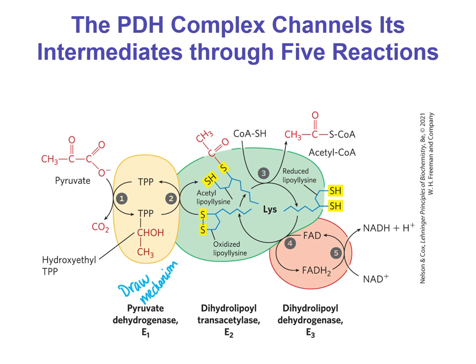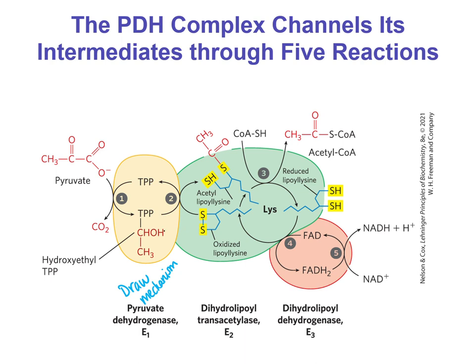After you do that, you now have hydroxyethyl TPP. And that interacts with that lipoyl arm, so the lipoate from the E2. Remember, the E2 is kind of like that big core.